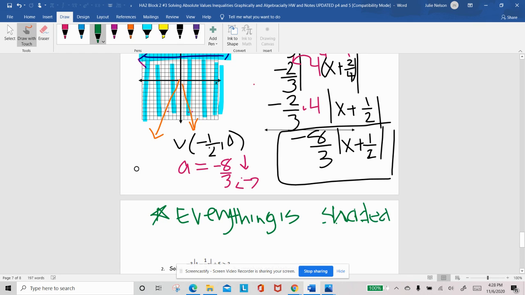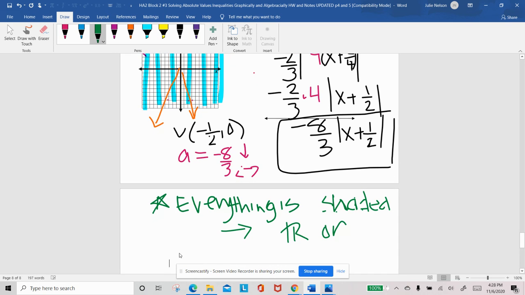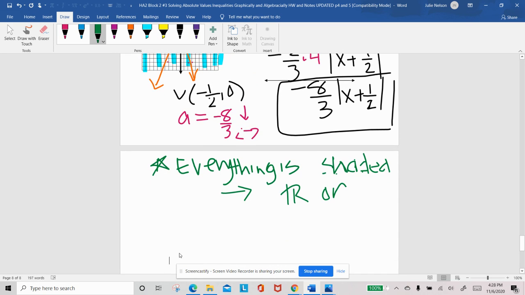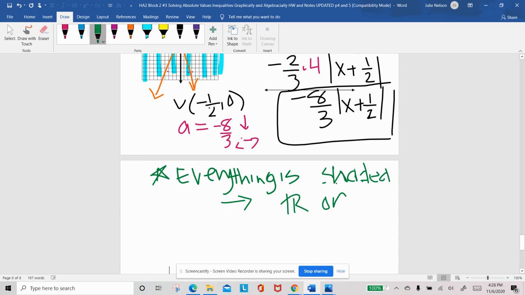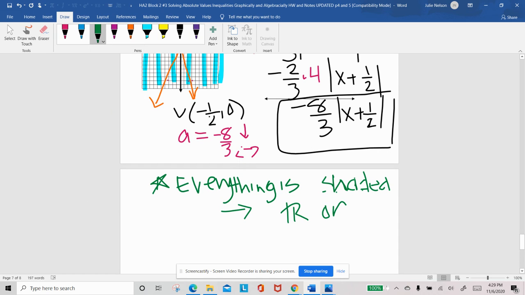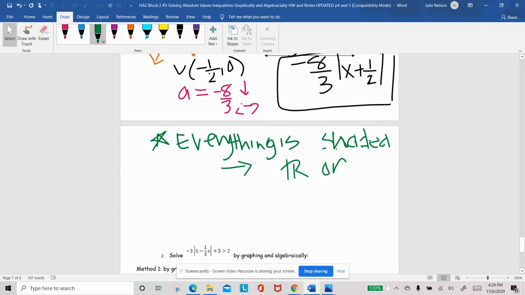And when everything is shaded, what do we write for an answer? We write all real numbers, or sometimes you'll see it as infinitely many solutions. So again, all real numbers or infinitely many solutions. I've seen it both ways and I want to show it to you. That way you're fully aware of it, okay?